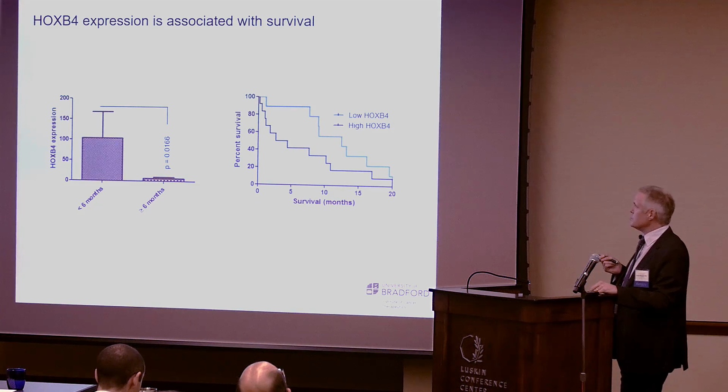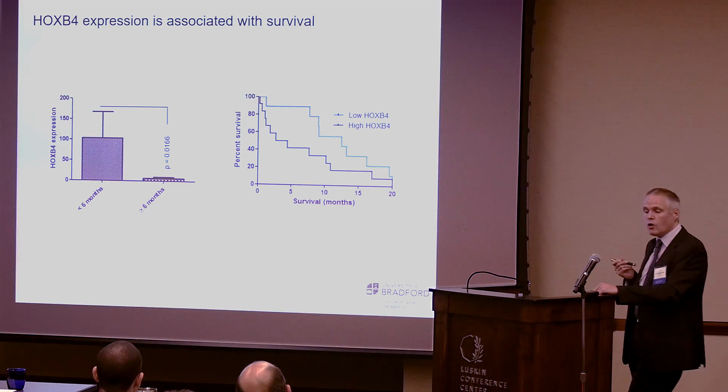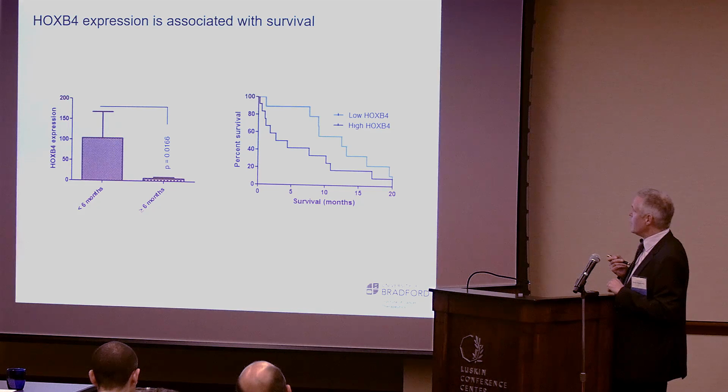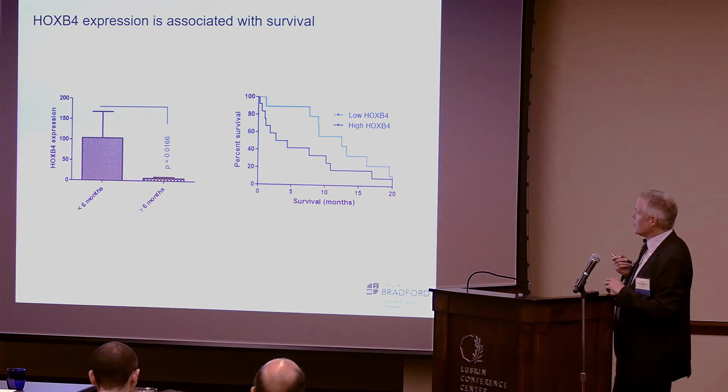And this was part of the study which looked at the significance of the expression of different HOX genes in mesothelioma. So this was a large set of patient tumours looking at the influence of HOXB4 on patient survival, and indeed other HOX genes. So this is one of the 39 HOX genes, HOXB4.